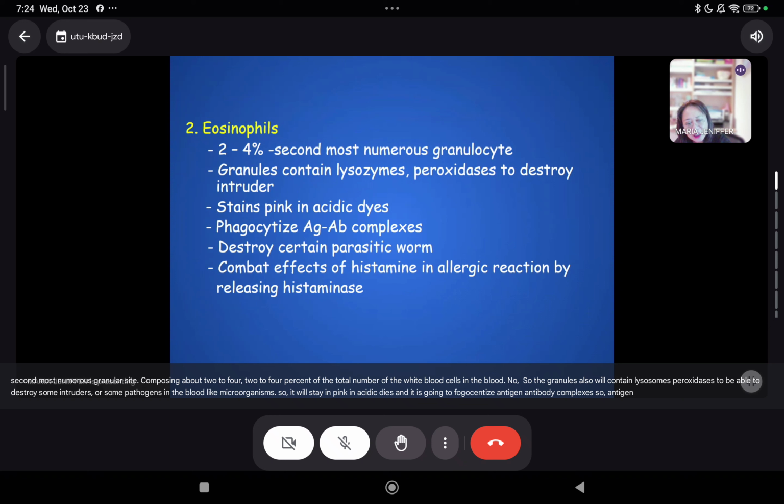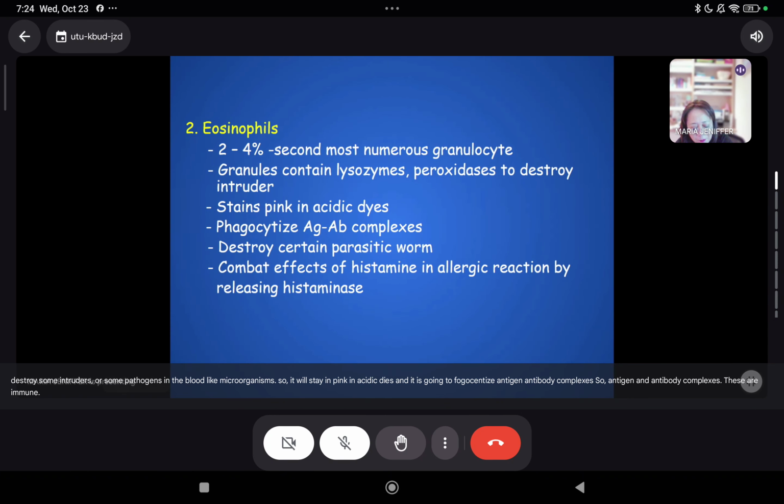Antigen and antibody complexes are immune complexes. Normally, they are there to respond to infection or to certain microorganisms. But when these complexes increase, they could also destroy tissue.